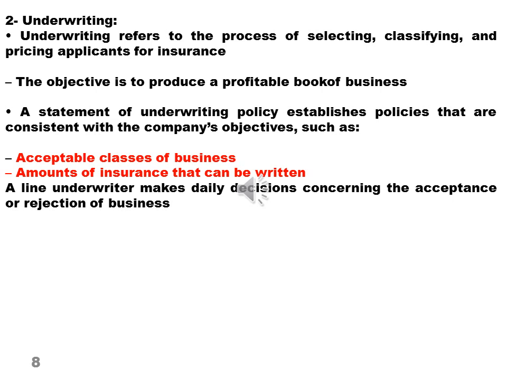Amounts of insurance that can be written. What is the meaning of amount of insurance that can be written? The amount of insurance that can be written is also related to the law of large numbers. If the exposure units are not related to the law of large numbers, there is no amount of insurance, there is no profit, there is no money achieved by the insurance companies. A line underwriter makes daily decisions concerning the acceptance or rejection of business.